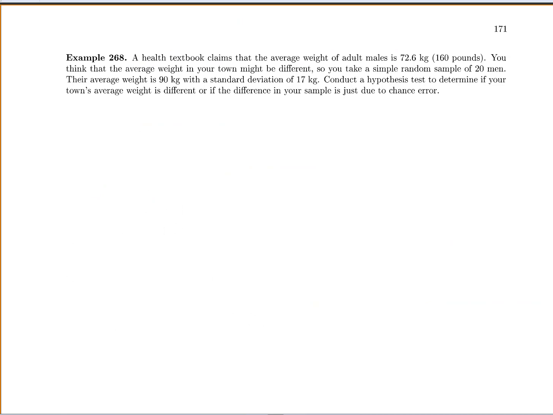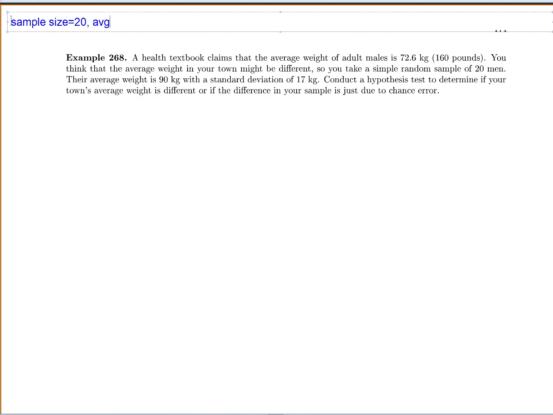Next, a health textbook claims that the average weight of adult males is 72.6 kilograms. You think that the average weight in your town might be different. So you take a simple random sample of 20 men. So sample size equals 20.